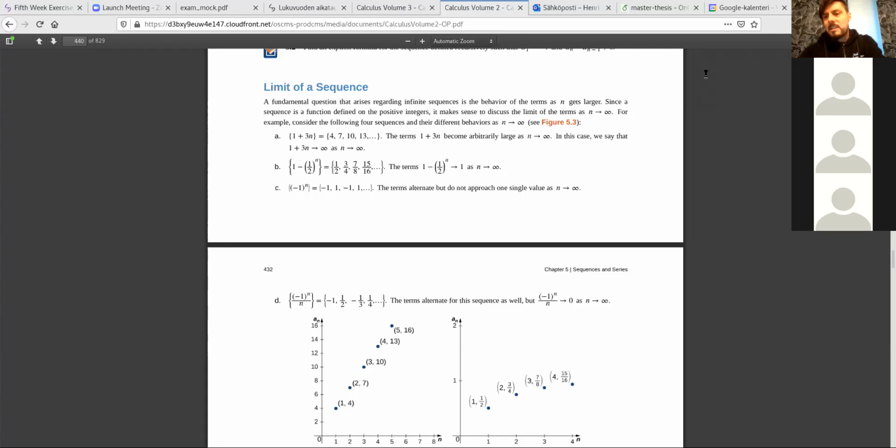So you already have this idea or concept of limit from functions. The limit of a function when the parameter approaches some number. I would have loved for us to first start with this concept of a limit of a sequence, and then use that to define the limit of a function at a point.